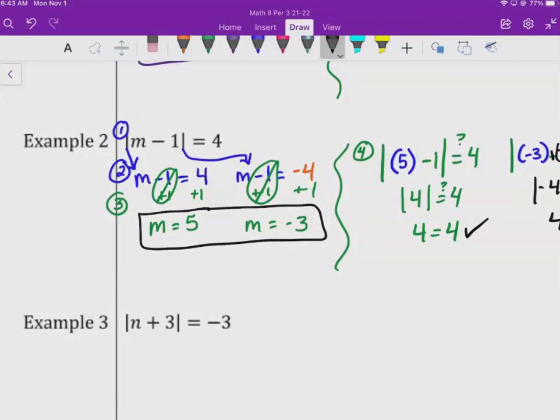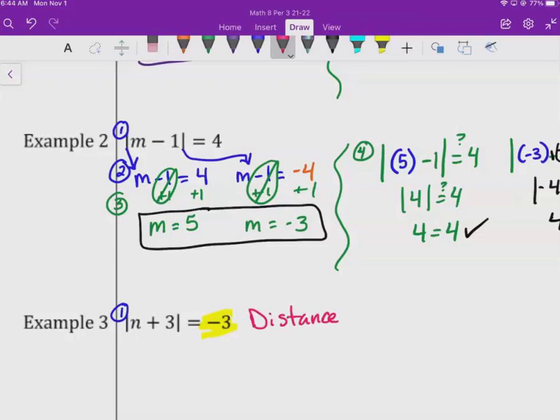Are you ready? Okay. Step 1, isolate the absolute value. Step 2, wait a second. Okay, this right here can never happen because a distance can never be negative.